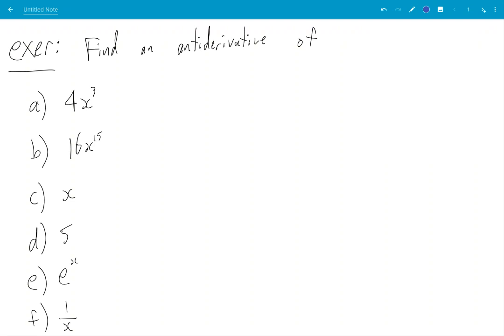Okay, here we go. Here are my answers here. a, x to the 4, b, x to the 16, c, x squared divided by 2, d, 5x, e, well, just e to the x, right?